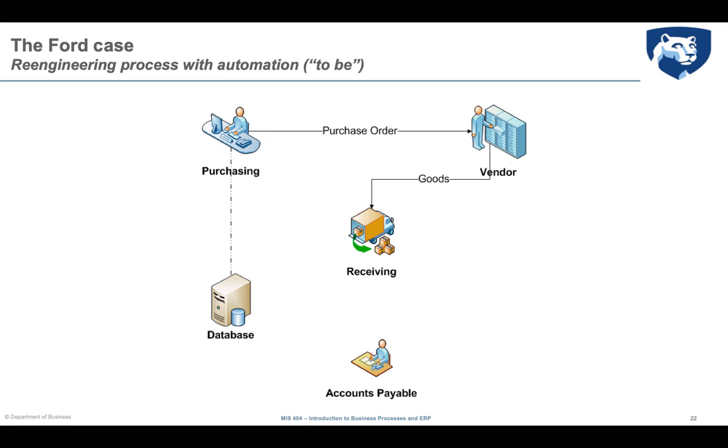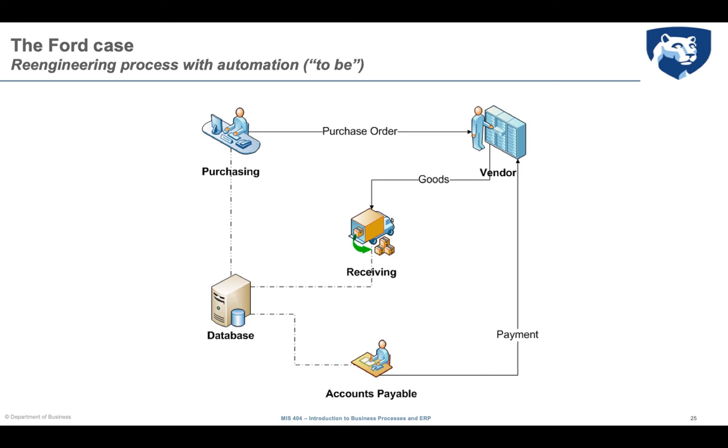When goods were received, the receiving area would include in the same system information about the fact that goods were received. At that point, accounts payable just had to access the database and electronically check the purchase order and the receiving document, just to check that all the information was aligned and okay.